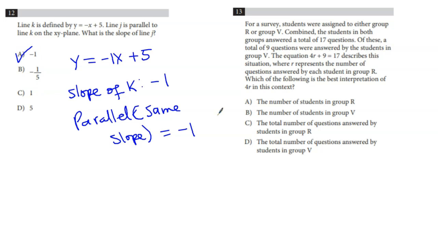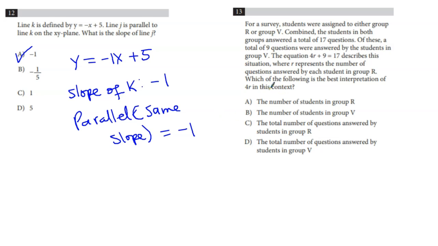Now let's look at question number 13. For a survey, students were assigned to either group R or group V. The combined students in both groups answered a total of 17 questions. Of these, a total of 9 questions were answered by the students in group V. The equation represents that.